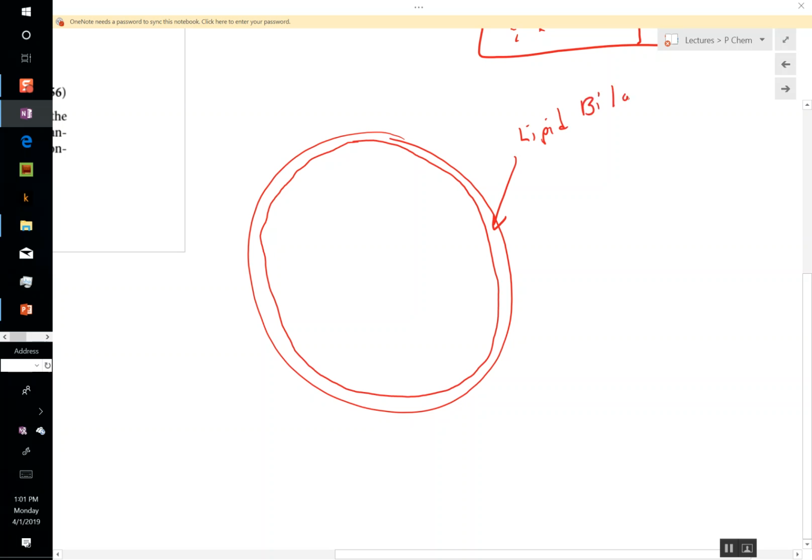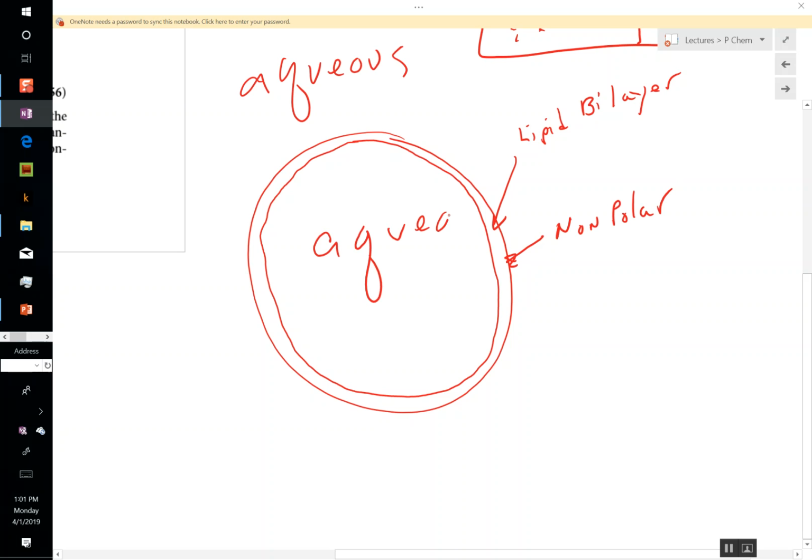Now, with your great appreciation for polar molecules and nonpolar molecules, we have a region here that is nonpolar. It's lipids, fat. And what do we have out here? We have an aqueous solution. And what do we have inside the cell? Aqueous, polar.